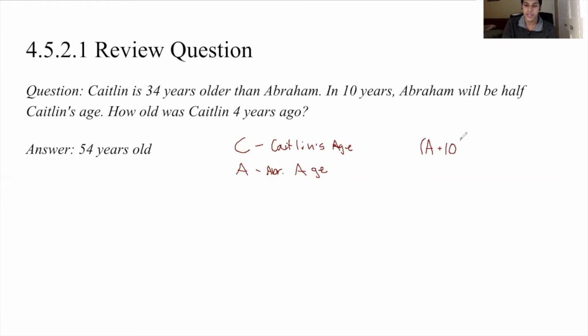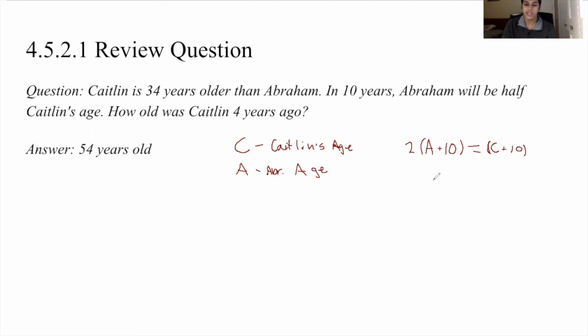And if he's going to be half as old as Caitlin is in 10 years, then if we multiply that by 2, then we can say that's equal to Caitlin's age after 10 years, or C, which is her current age, plus 10. So 2 times Abraham's age in 10 years is equal to Caitlin's age in 10 years.